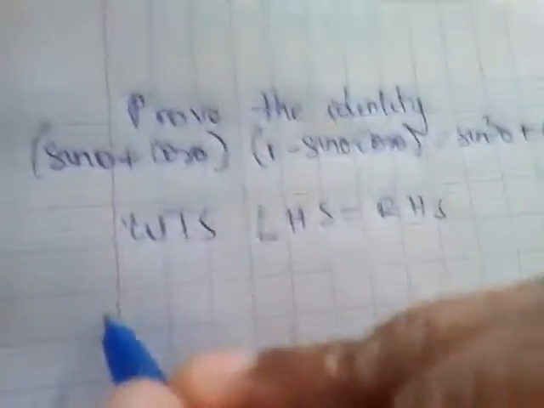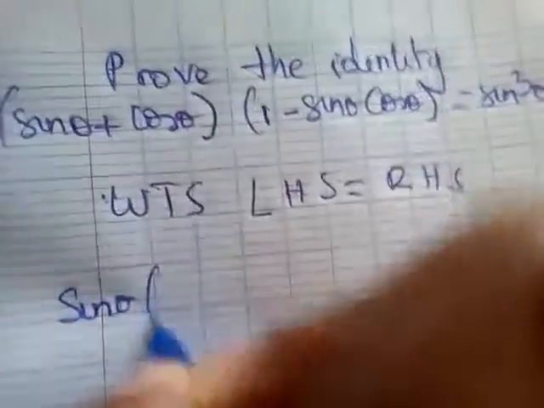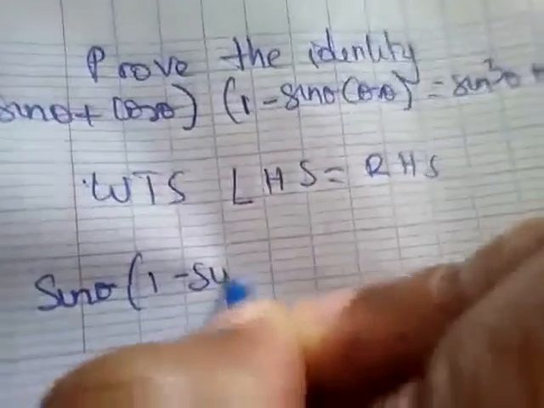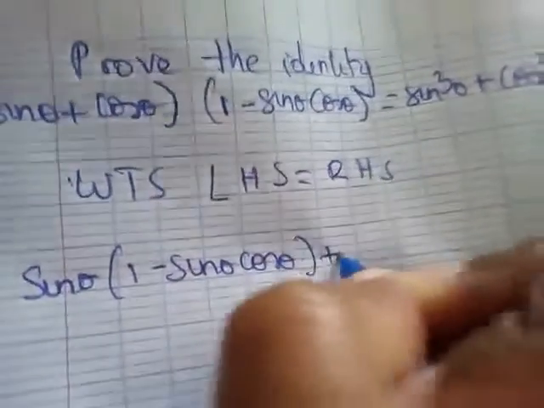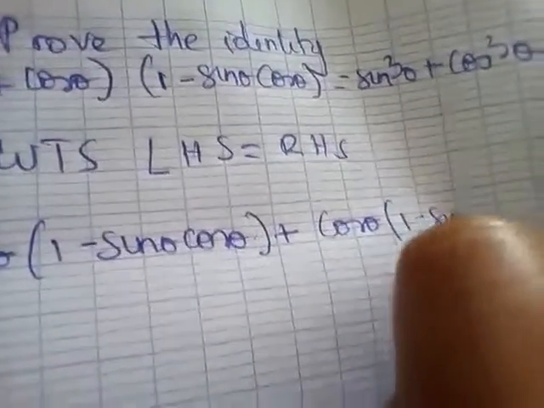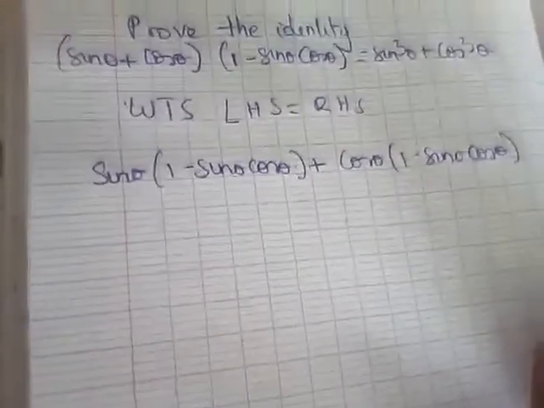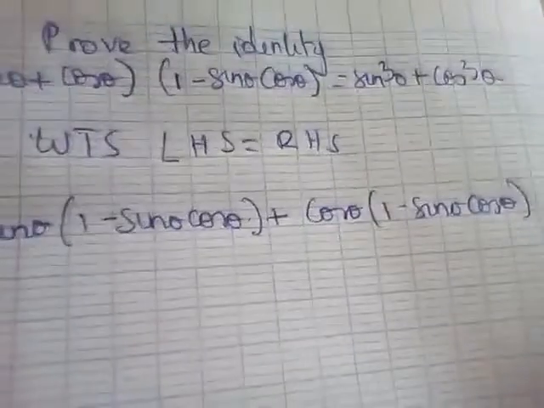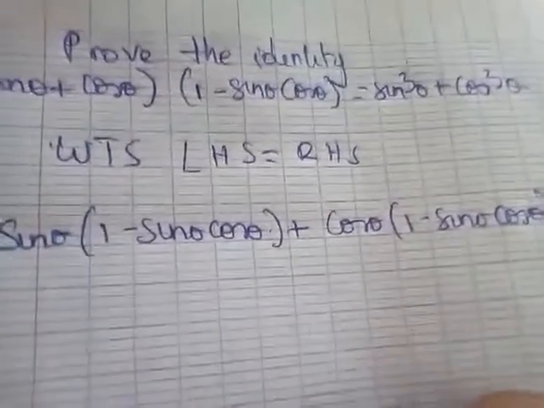So I'm expanding this: I'll have sine theta times (1 minus sine theta cos theta), plus cos theta times (1 minus sine theta cos theta). Some of you can be quite confused with the sine theta cos theta, so you can make a substitution.